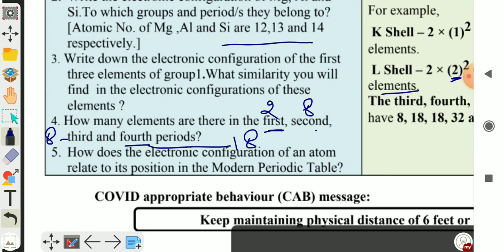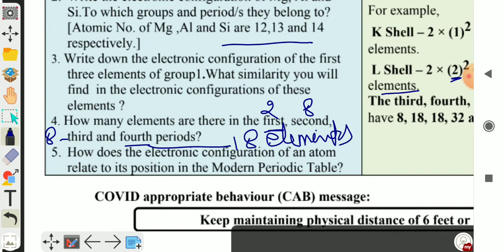First period has 2 elements, second period 8 elements, third period 8 elements, and fourth period contains 18 elements.